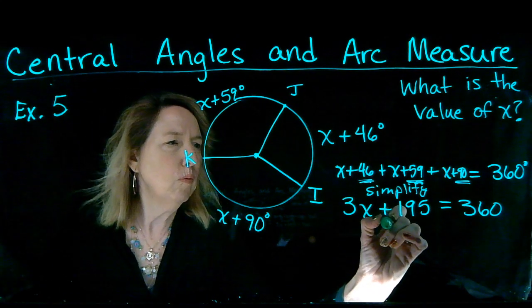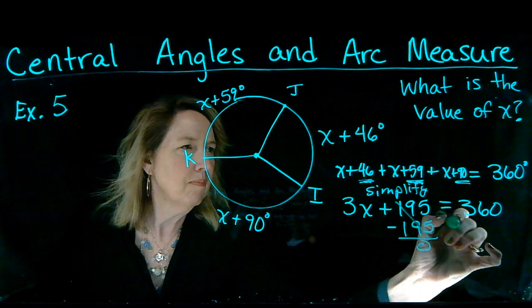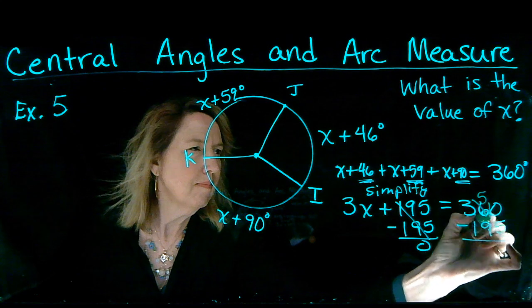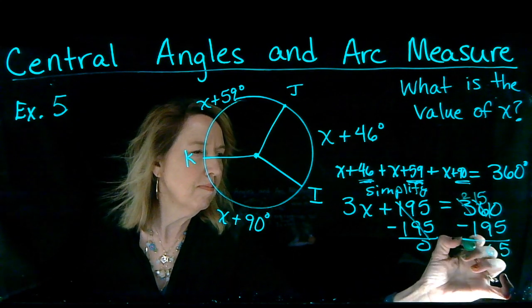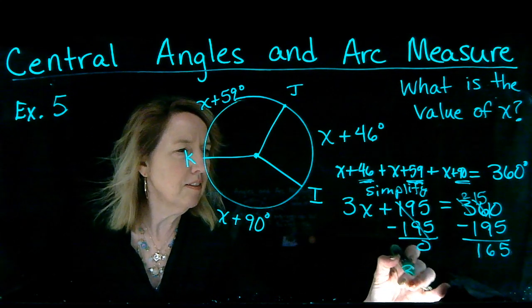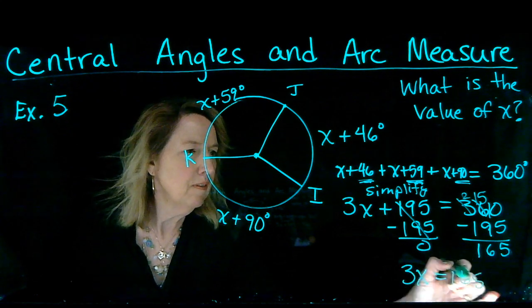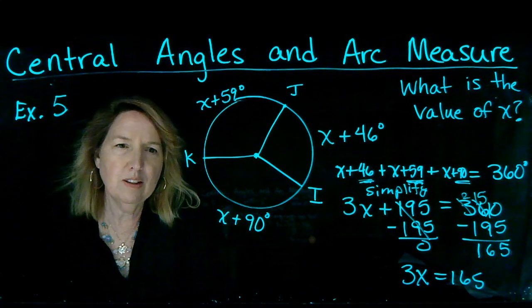Let's go ahead and take 195 from both sides of the equation. So bring down the results. We have 3x equals 165. And now we have 1 step left. Let's divide both sides by 3.